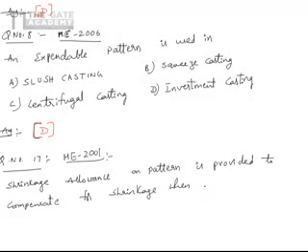I will read the options instead of writing them. Option A: the temperature of liquid metal drops from pouring to freezing temperature. This is not the right option, because shrinkage occurs in three stages, as we have discussed.